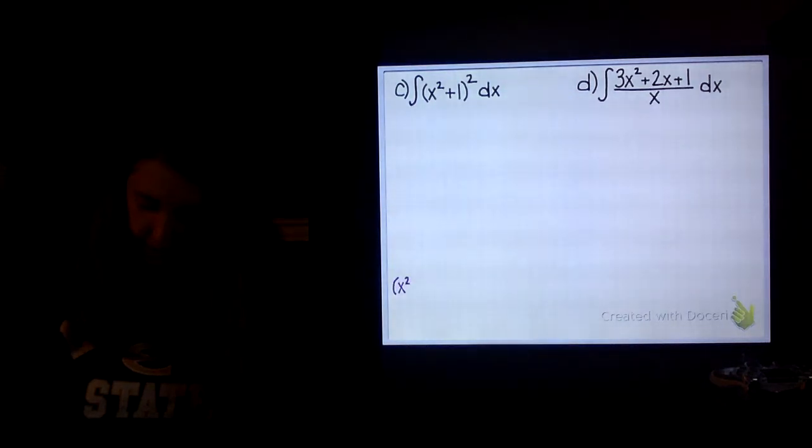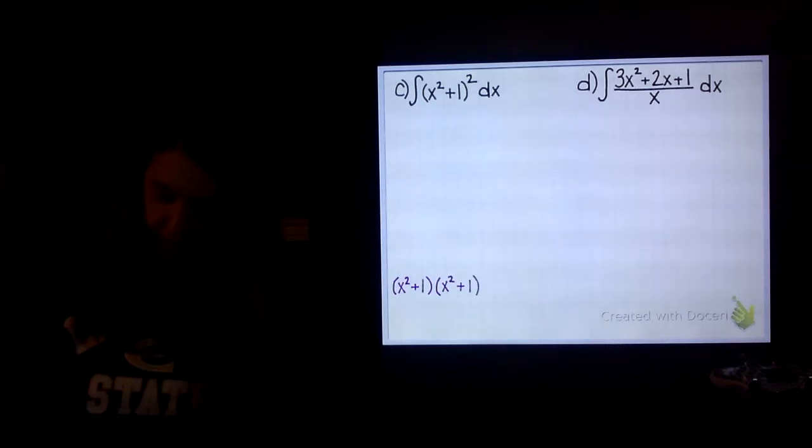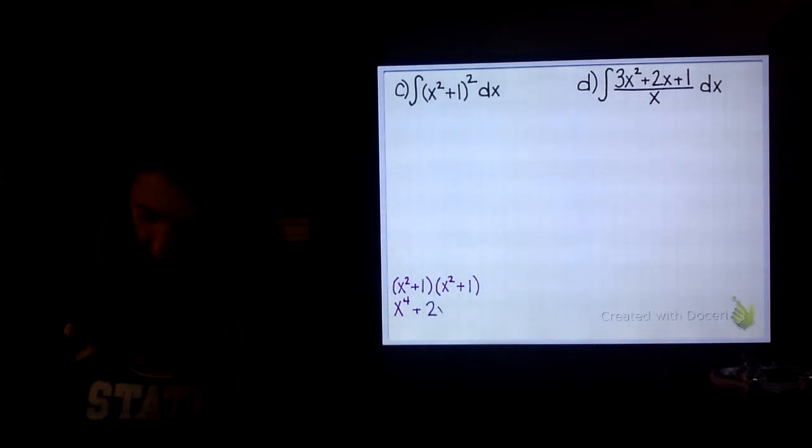So I have x squared plus 1, and I need to multiply that by x squared plus 1. Now I've got x to the 4th plus 2x squared plus 1.